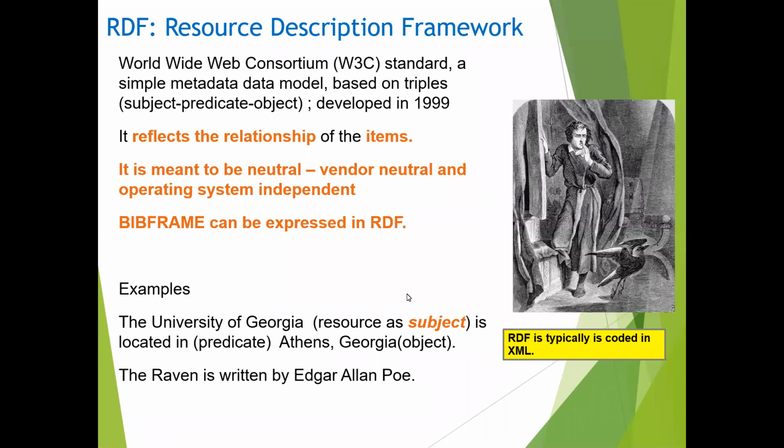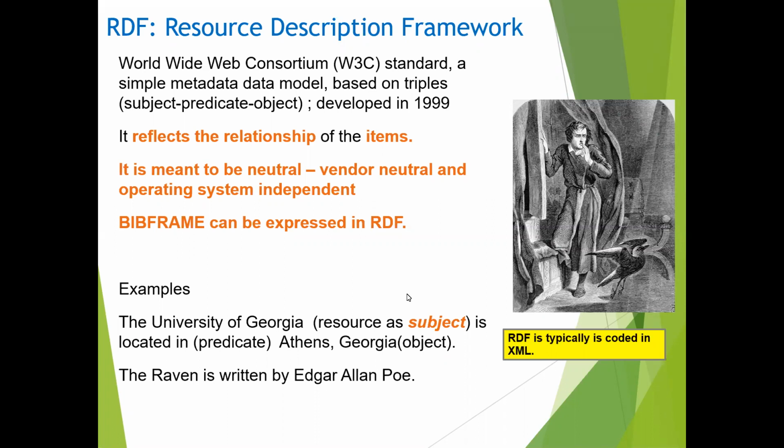So it's based upon building relationships. It reflects the relationships of items. It's meant to be neutral, so it's not dependent on any vendor and it's not dependent on any operating system. And most importantly, BIBFRAME can be expressed in RDF. So you can create, as we saw in that example, BIBFRAME in RDF.